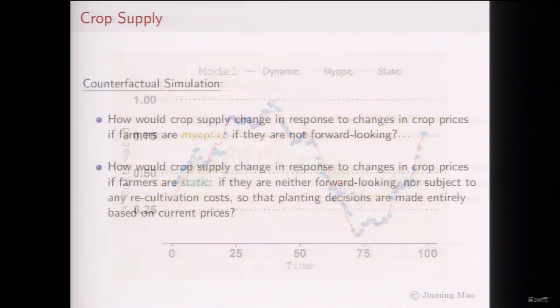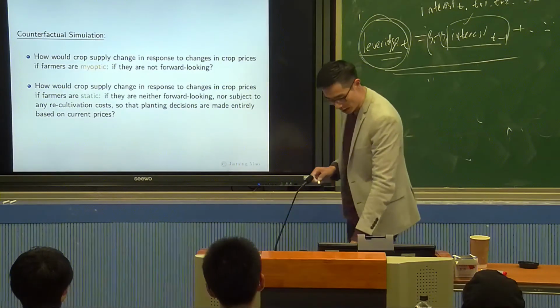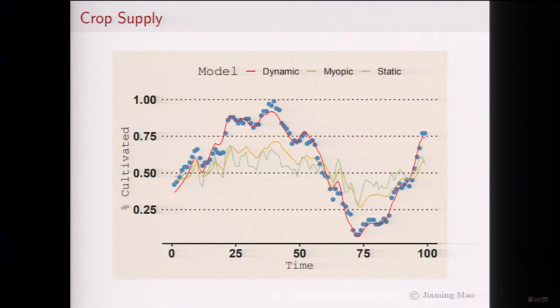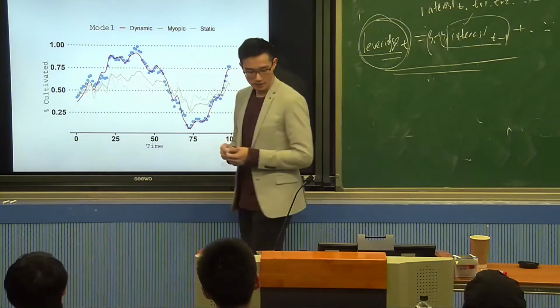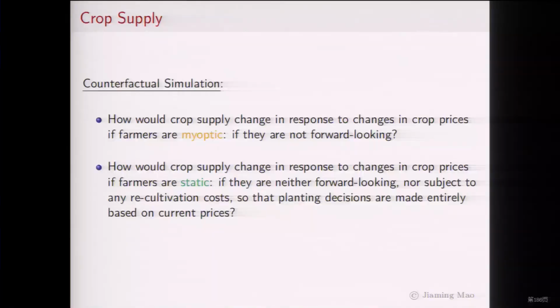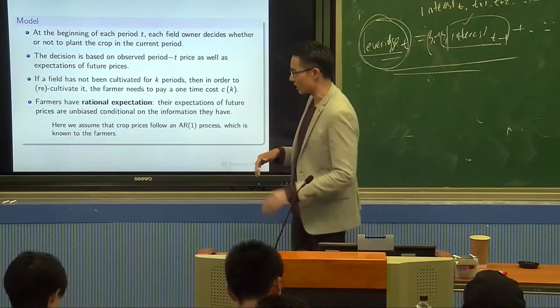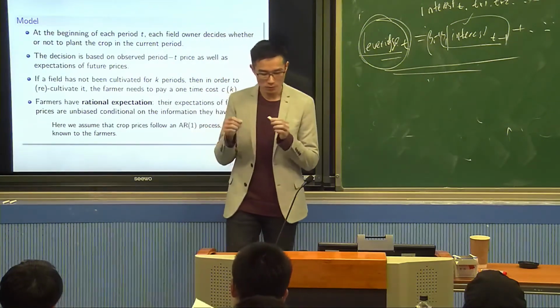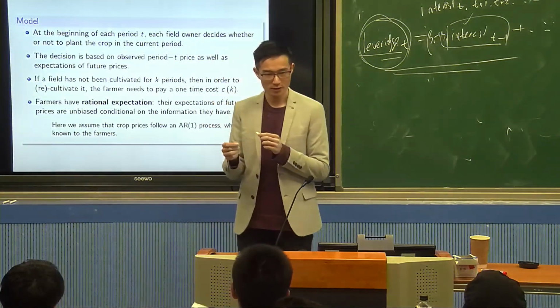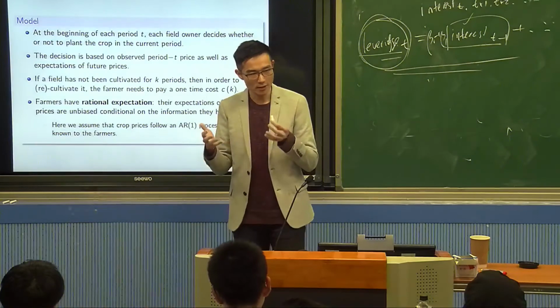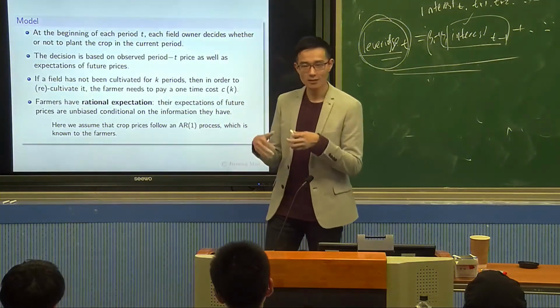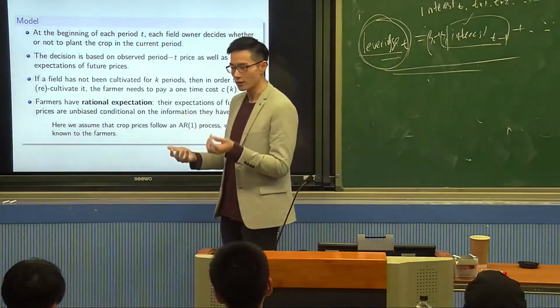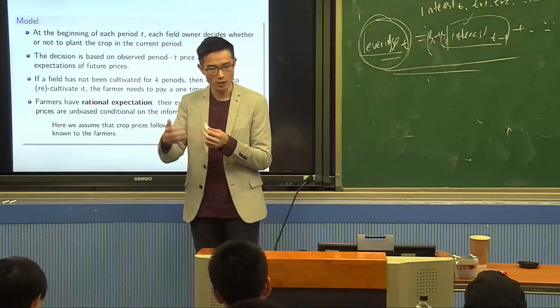So that's all the examples I want to give regarding structural estimation. Let me just say, one of the key things I've sort of skipped over is that when I say in my model I assume farmers expect the future, how mathematically do I actually do that? In estimating my model, how do I assume that people look into the future?